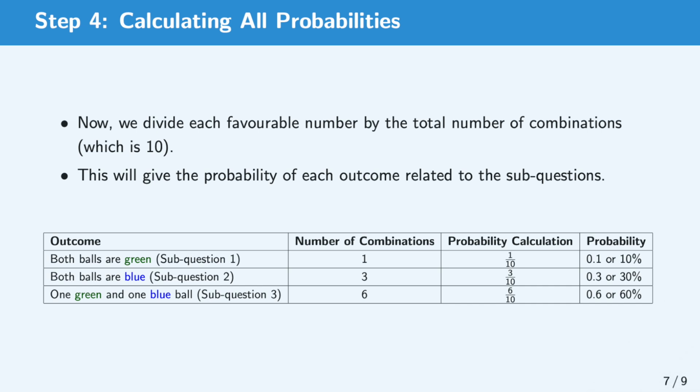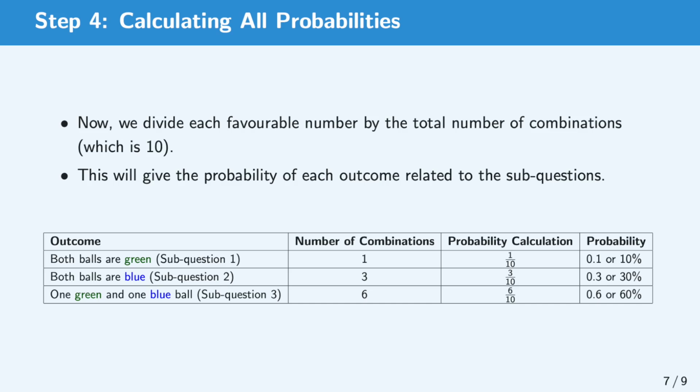Now, let's calculate the probability for each sub-question using the numbers we gathered earlier. For sub-question 1, we have 1 favourable combination in row 1, so the probability is 1/10, which is 0.1 or 10%. For sub-question 2, there are 3 favourable combinations in rows 2 to 4, so the probability is 3/10, which is 0.3 or 30%.